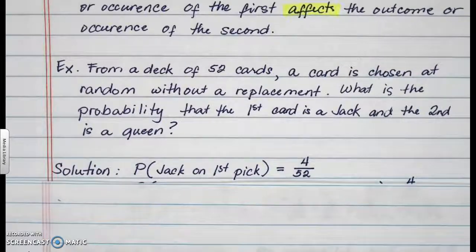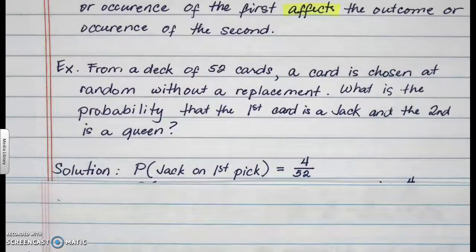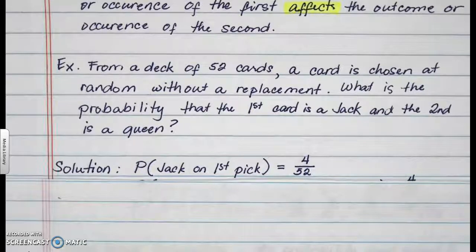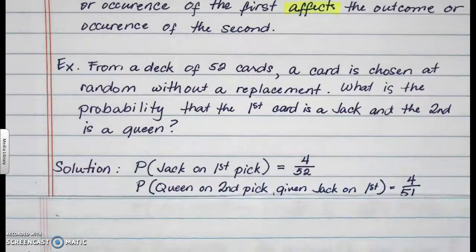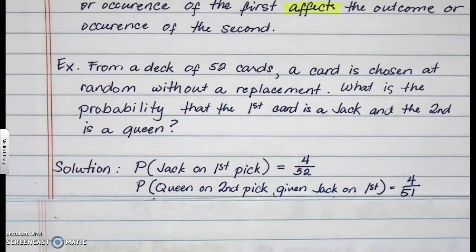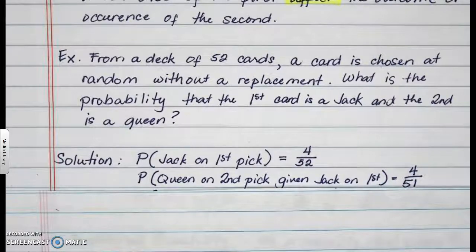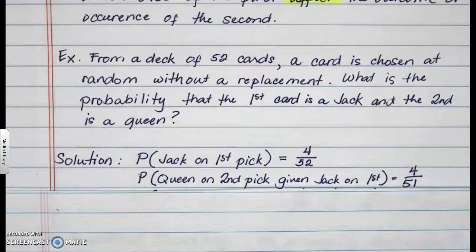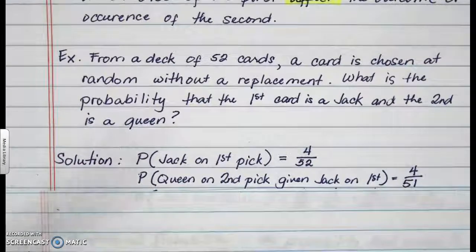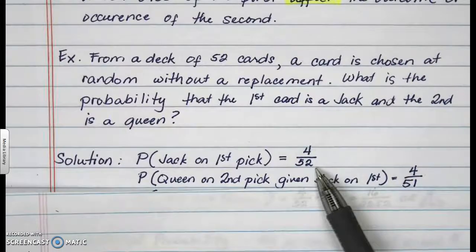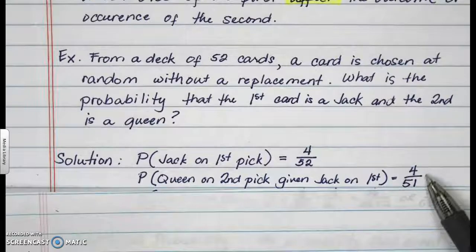Solution. The probability that you get a jack on the first pick is 4 out of 52, meaning there are 4 jacks in the deck of 52 cards. I hope that makes sense. The next time, you want to calculate the probability that you will have a queen on the second pick, given that the jack was already chosen on the first one. So I want you to look at what changed. Here you had 4 over 52, and here you have 4 over 51.